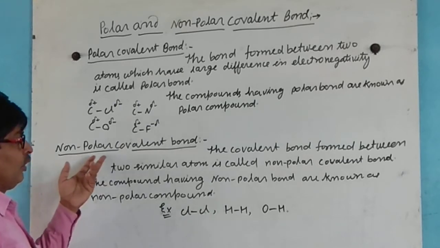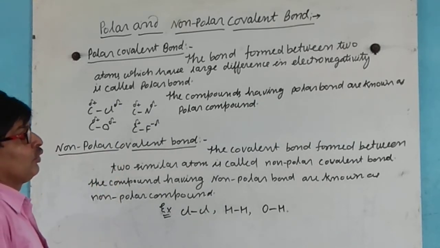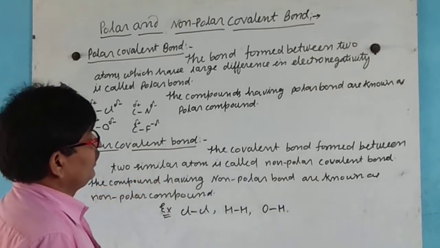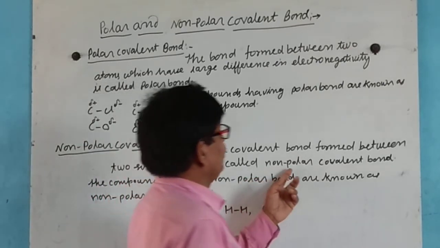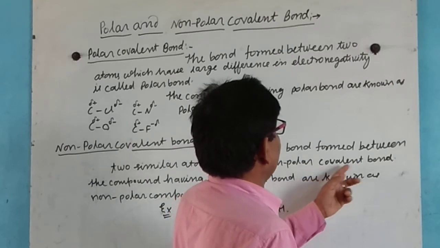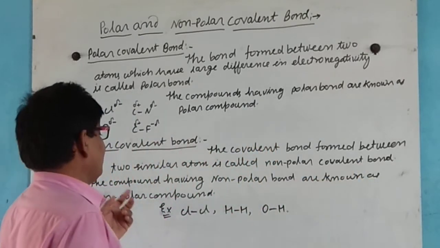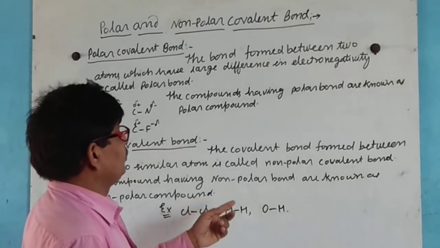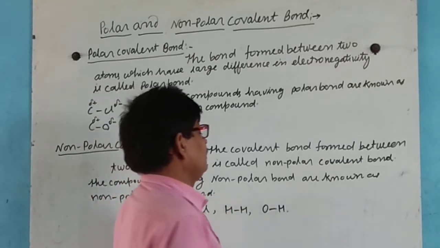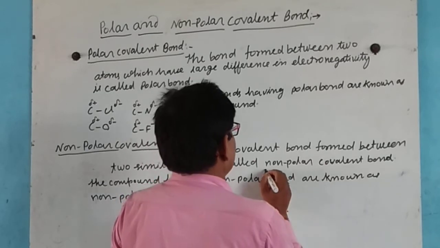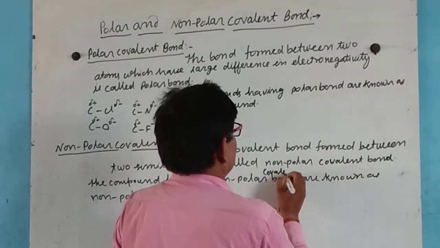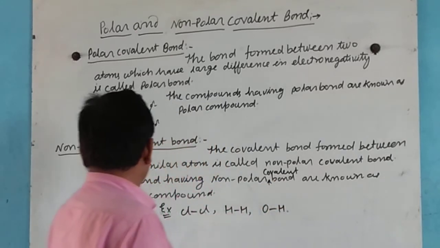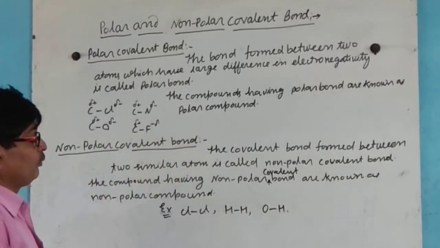Now non-polar covalent bond. The covalent bond formed between two similar atoms is called a non-polar covalent bond, and compounds having non-polar covalent bonds are known as non-polar compounds.